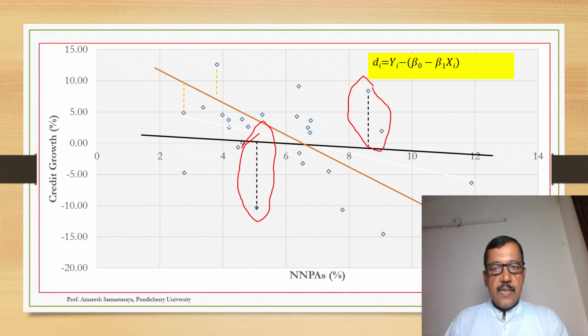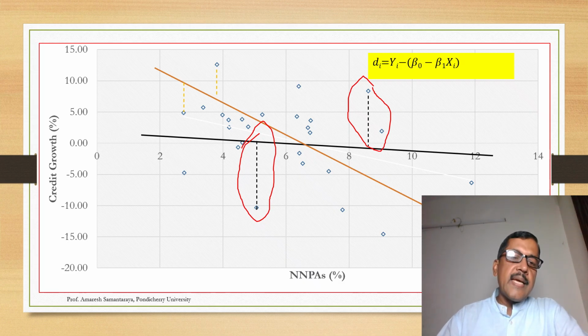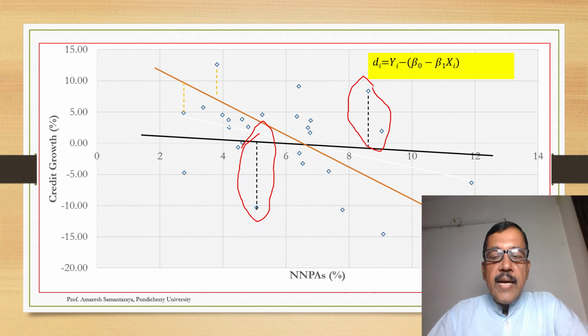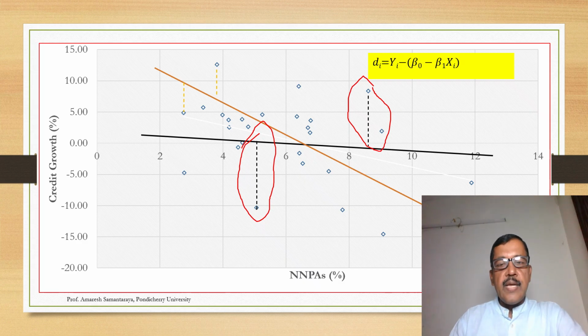Now the issue is, if we keep on drawing similar lines like the yellow line and black line, which can explain the relation between NPAs and credit growth as given in this scatter plot, there are infinite possible lines, right? So each individual can have a different way of explaining the relation between NPAs and credit growth, fitting a particular line according to her subjective interpretation.